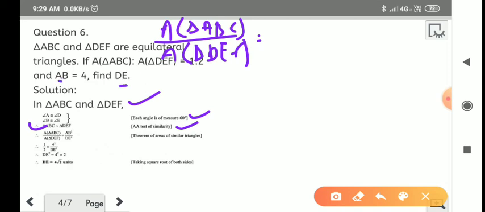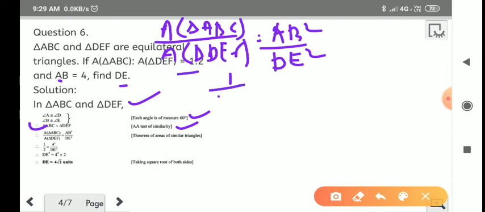So we can take AB square divided by DE square. Then the ratio is given as 1 is to 2, that is 1 upon 2. So 1 upon 2 is equal to AB, which is given as 4, so 4 square divided by DE square, as we have to find DE.